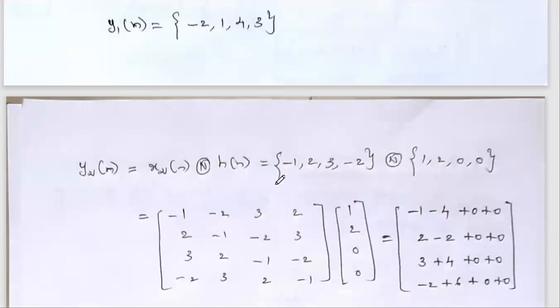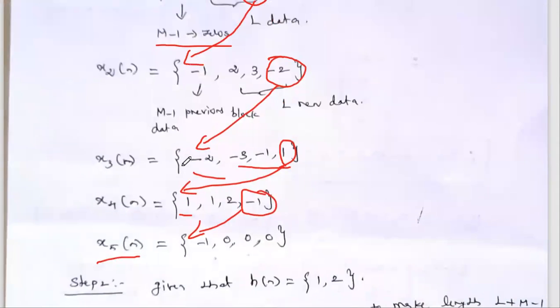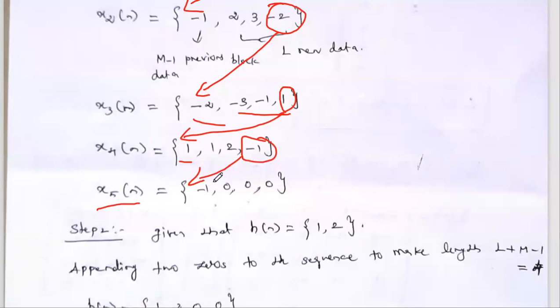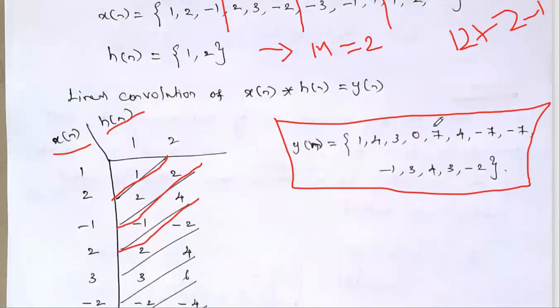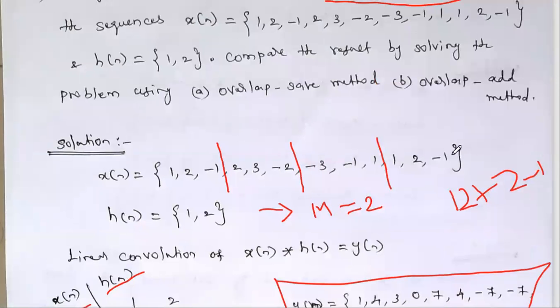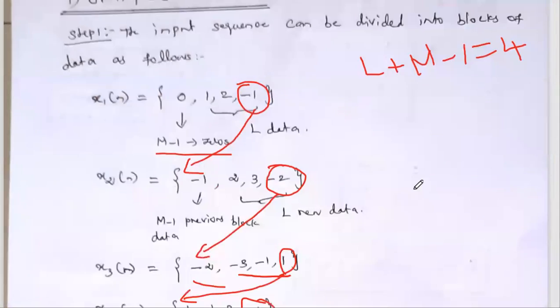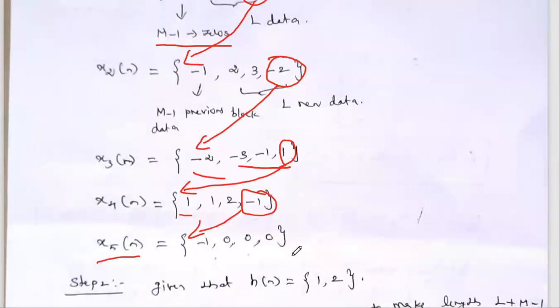While constructing x5, we take the previous m minus 1 data followed by L new data. But here all data from our x of n have already been used. That's why we consider 0, 0, 0. Only 0, 0, 0 we take in order to construct this x5.